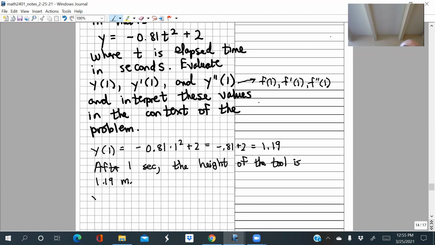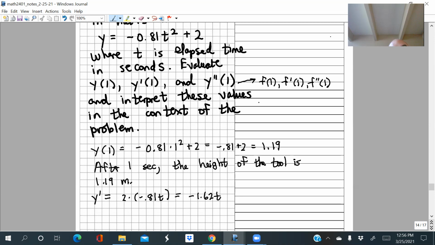All right, now we also want to calculate y prime of 1. So that means I have to know the formula for y prime. But that's an easy application of the power rule, right? So you just bring the 2 down times the minus 0.81, and then subtract 1 from the exponent. So you get minus 0.81 times t. And the derivative of 2, of course, is 0. So you get this really nice, easy formula: minus 1.62 times t.